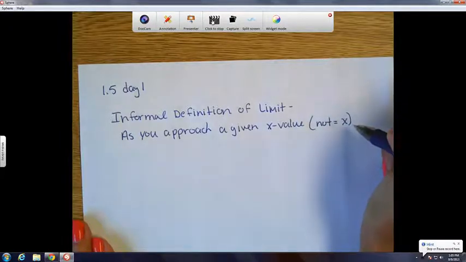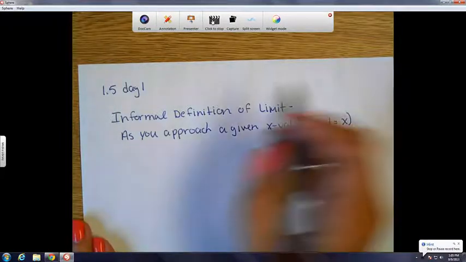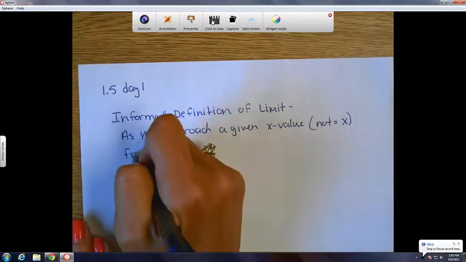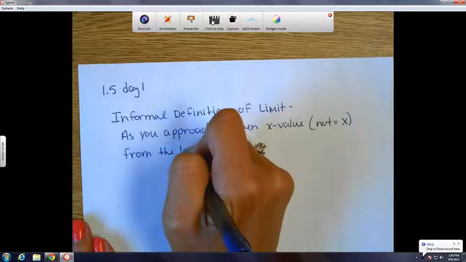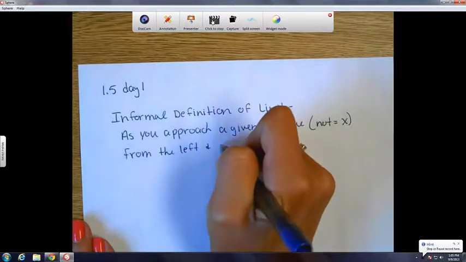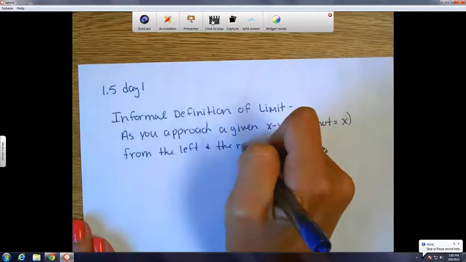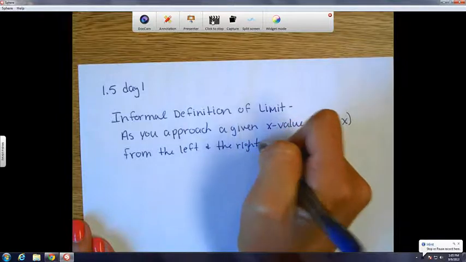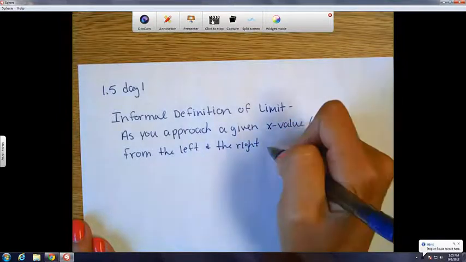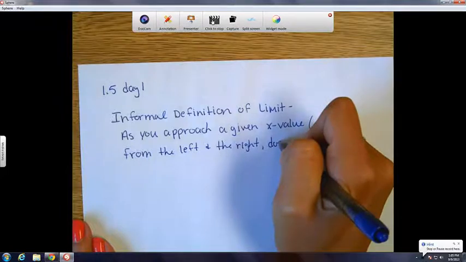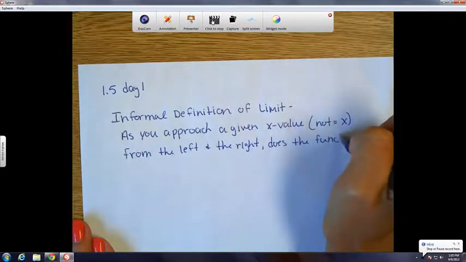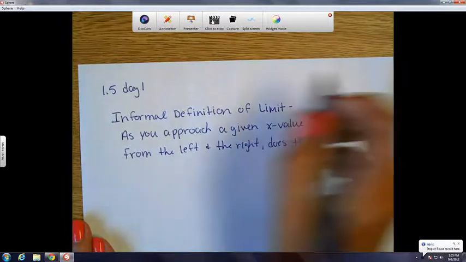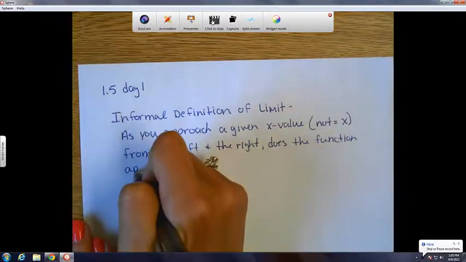So as you approach a given x value from the left and the right, does the function approach a single y value?